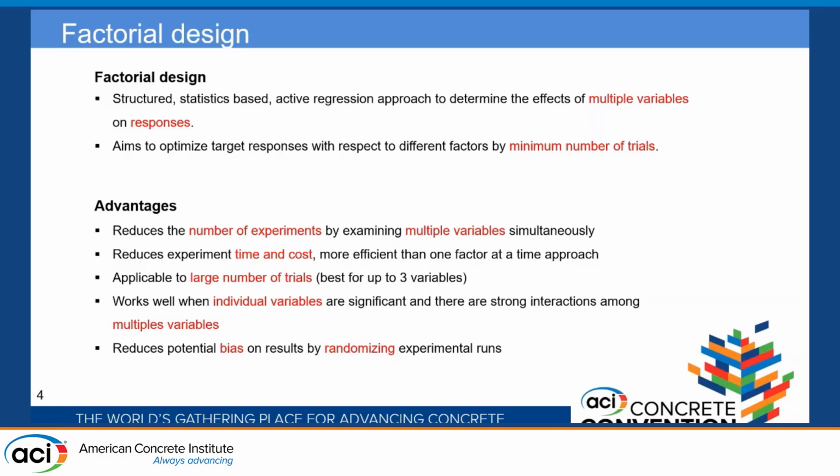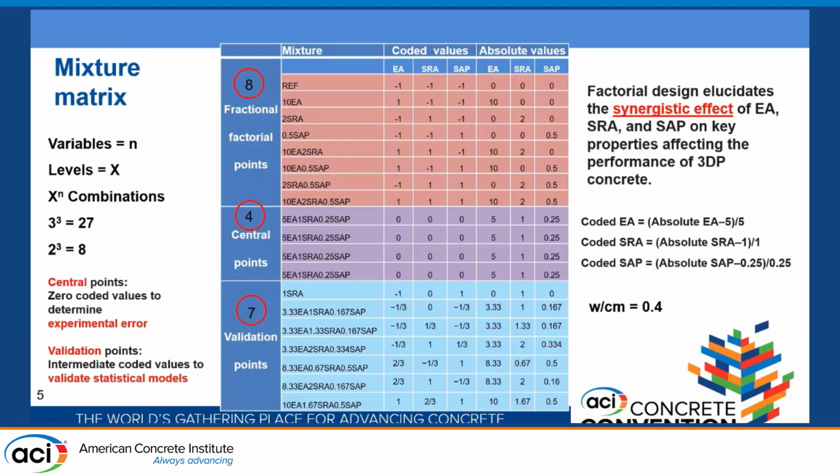It's applicable to a large number of trials, but it's best to limit it to 3 variables, and works well when the individual effect of variables and their interaction are significant on the target response, and reduces the potential bias by randomizing the experimental runs.